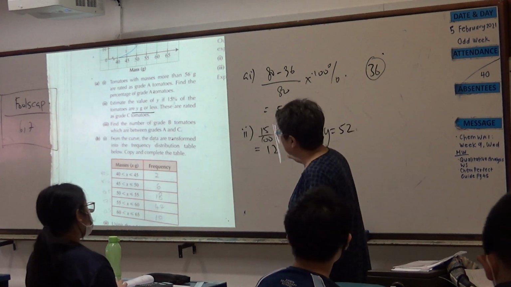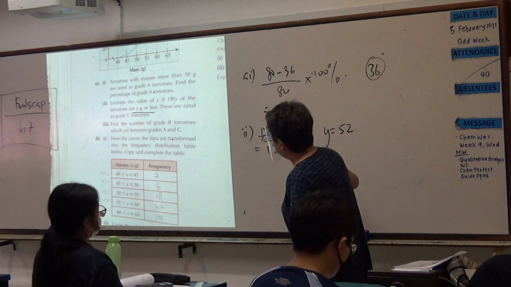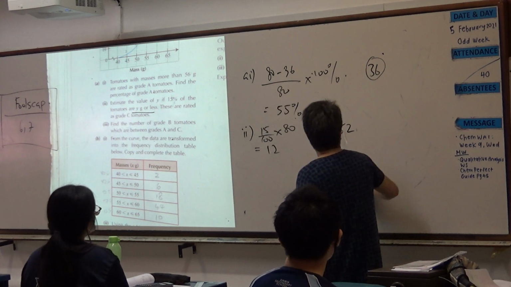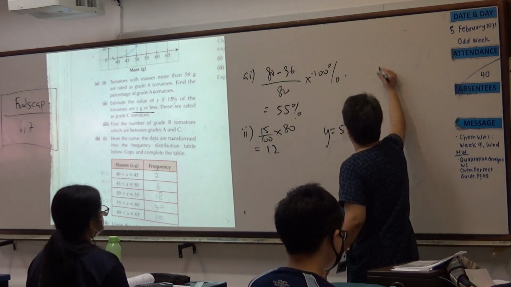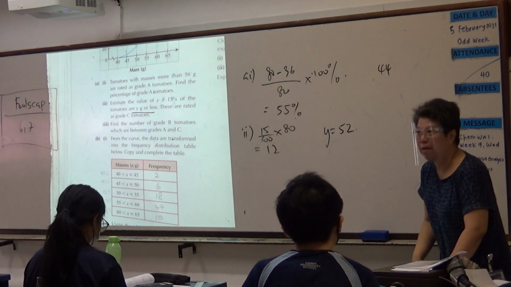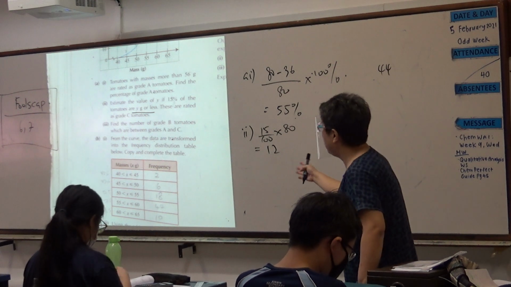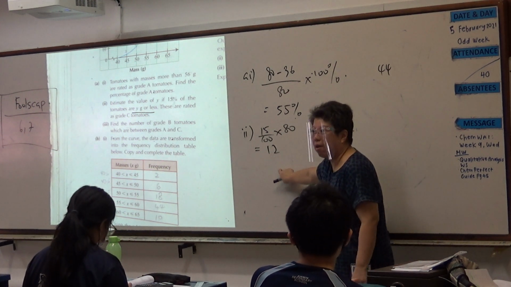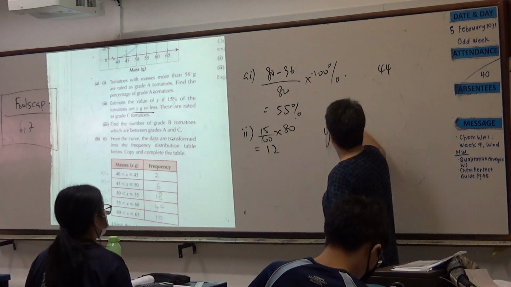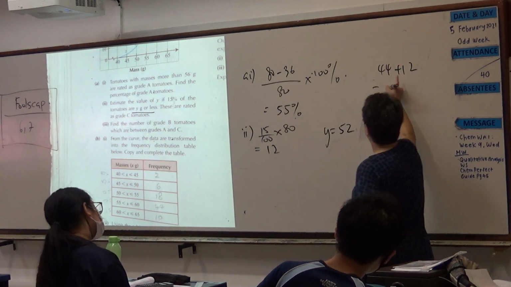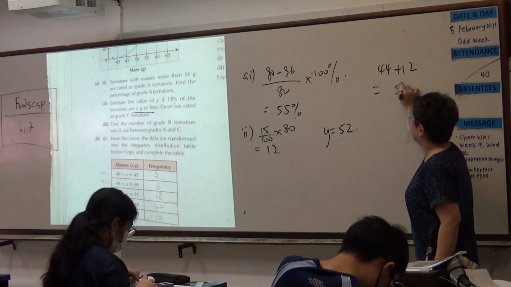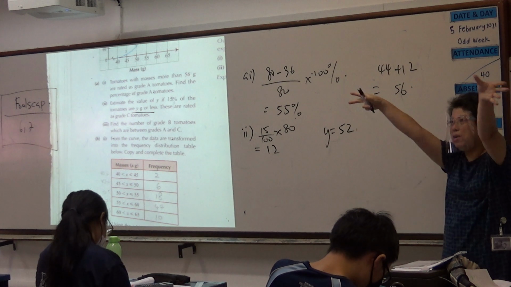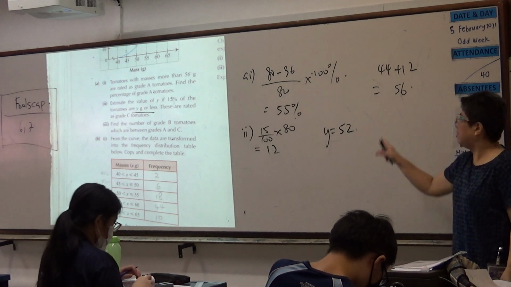Not 36. 80 minus, more than. No, it's not 36. What is that? 44, right? Grade A is 44, correct? How about the no good one? 12, right? Can you see it's 12? Okay. How much is this? That means 56 is either grade A or grade C, right? So how many grade B? 80 minus this one, right?